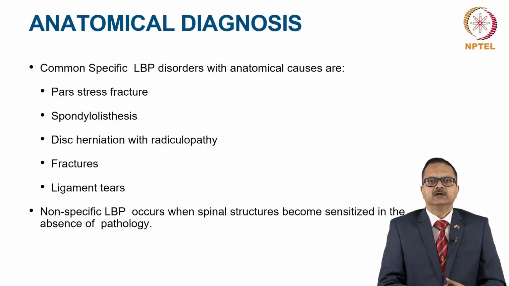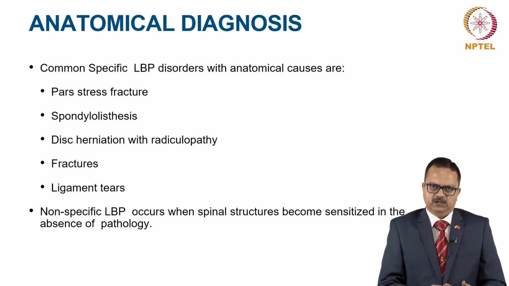Step 2, try and reach a precise anatomical diagnosis. There are several low back pain disorders which have a precise anatomical diagnosis, such as a pars stress fracture, spondylolisthesis, disc herniation with radiculopathy, fractures, and ligament tears. Basically, if an anatomical structure is damaged, you say there is an anatomical cause.